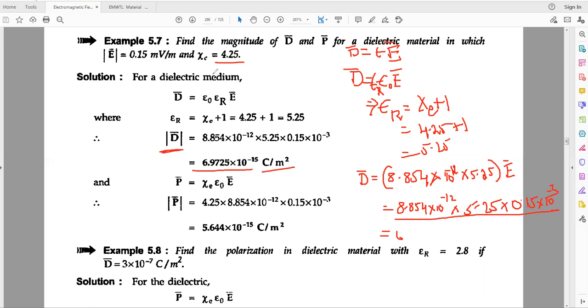And also you can find the P bar for the dielectric material. P bar is equal to χe into epsilon naught into E bar. These are one of the formulas, my dear students. Remember this one.